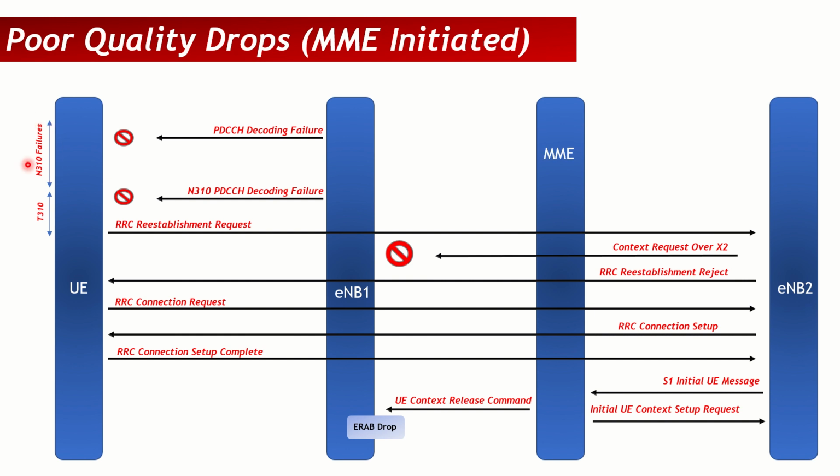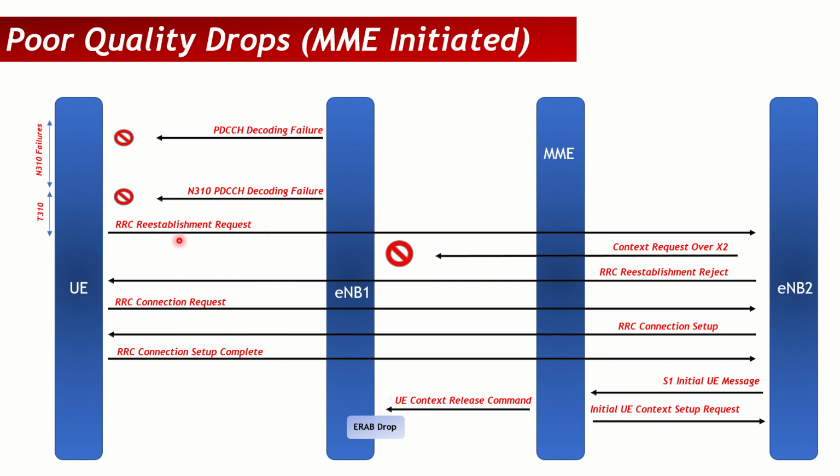So N310 equal to 5 means that if a UE is unable to decode PDCCH for 240 milliseconds, it will trigger the T310. And T310 is 200 milliseconds, so the total will be around 440 milliseconds, 200 plus 240. So if the UE is unable to decode PDCCH for 440 milliseconds, it will then trigger RRC re-establishment request.